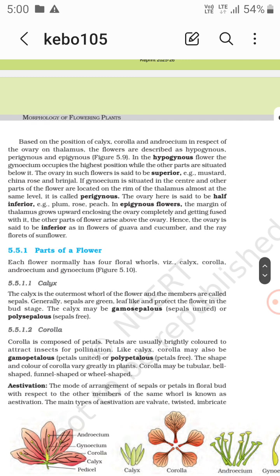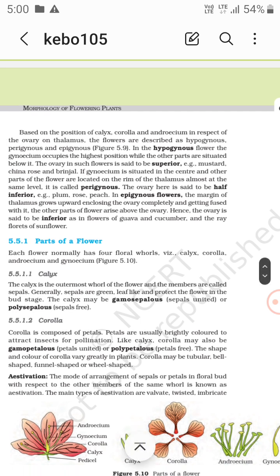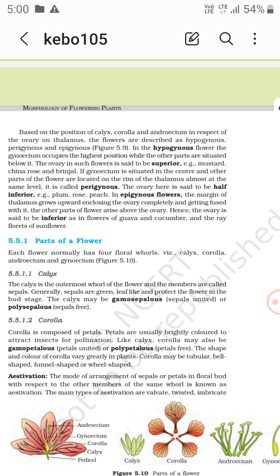Hypogynous: mustard, china rose, brinjal. Perigynous: with half inferior ovary, that is plum, rose, peach; and epigynous flowers have inferior ovary, as in guava and cucumber and the ray florets of sunflower.